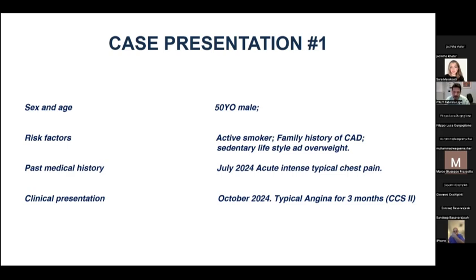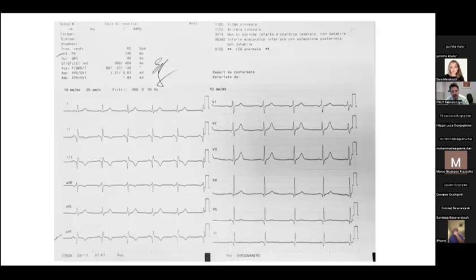We think that in July 2024 he experienced acute coronary syndrome with acute myocardial infarction. In fact, if we check the ECG, we see the presence of Q wave, necrosis of the inferior wall, as you can see here.